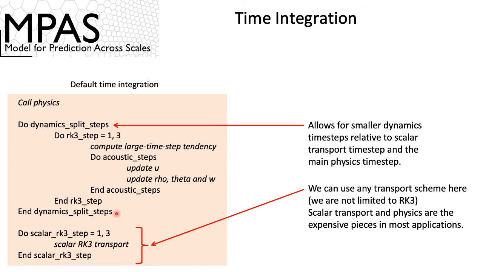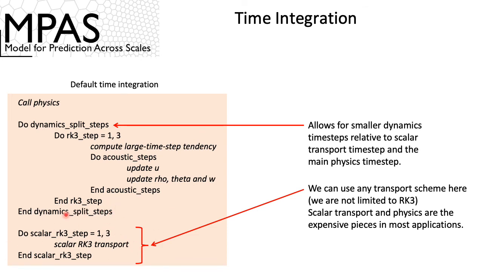If we look at the dynamics time step, as you can see, we split the dynamic step into a number of substeps to equal the time step for the scalar transport, because we find that the stability of the model really is dependent upon the stability and robustness of the integration of the acoustic and gravity wave modes associated with the dry dynamics, and that tends to be more tightly constrained than just scalar transport.